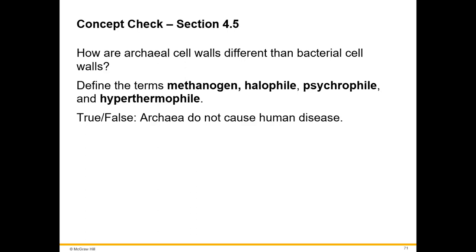So define the terms. What's a methanogen? It is an organism that makes methane. So the archaea can make methane gas. Some of them are halophiles. What's a halophile?